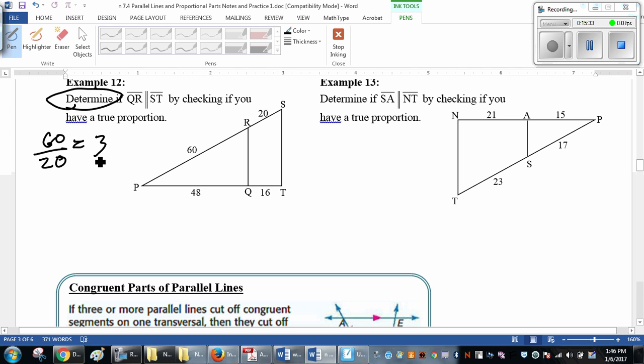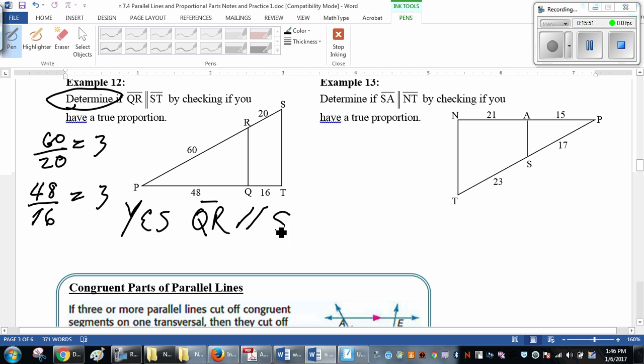All right, take that bottom side, 48 over its piece, 16. Again, simplify, equals 3. Yes, the proportions are the same. So that means our conclusion is that segment QR is parallel to the side ST.